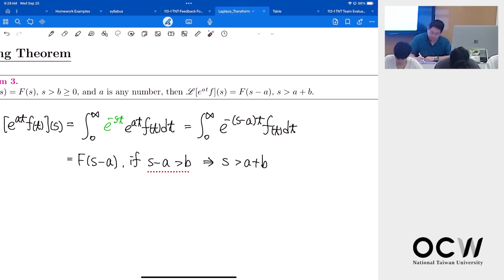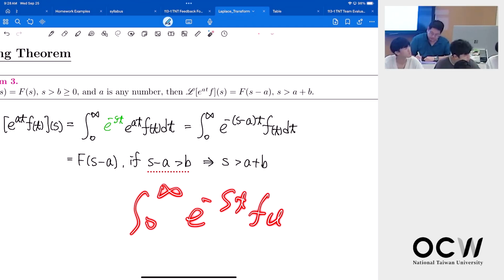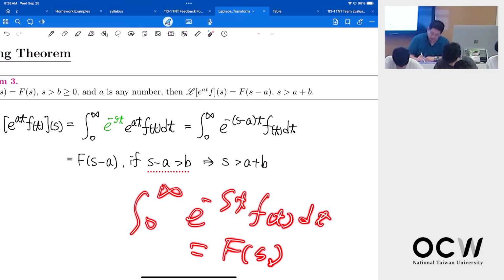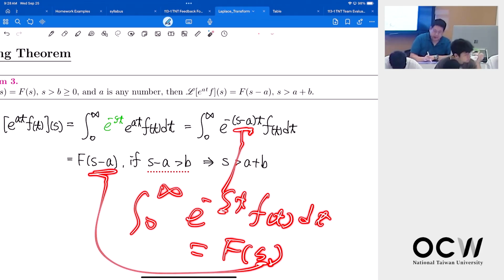Think about this like an s-prime. Remember the Laplace transform, the integral of e to the minus st f(t) dt, is F(s). Now your s becomes s minus a.